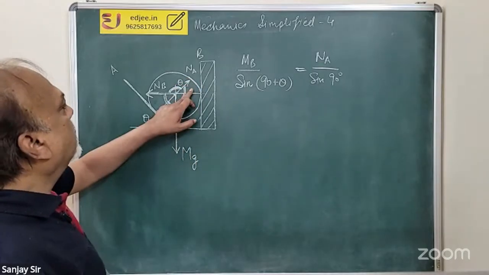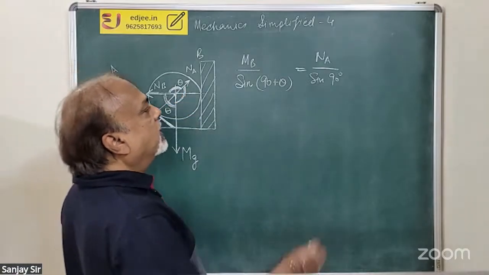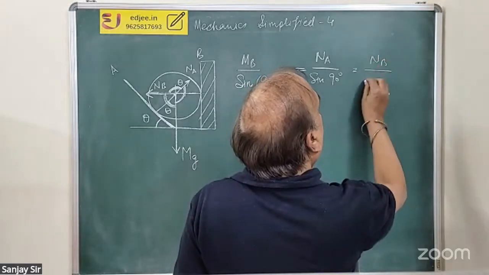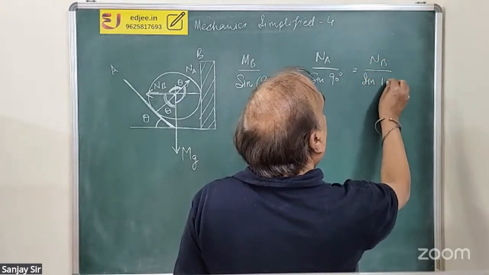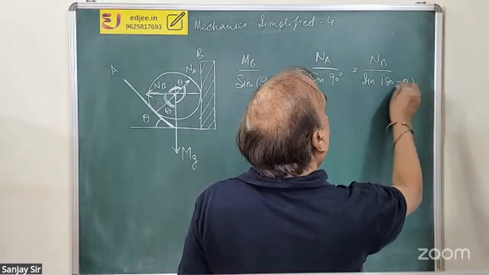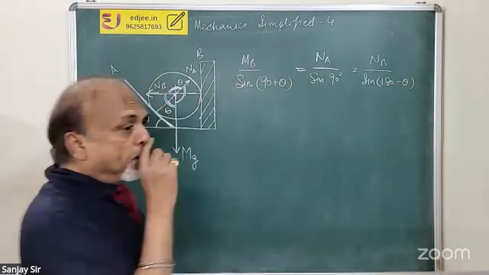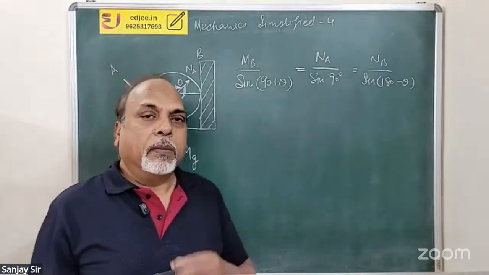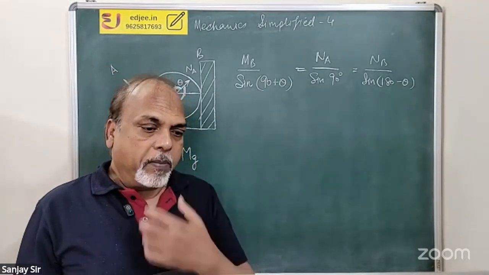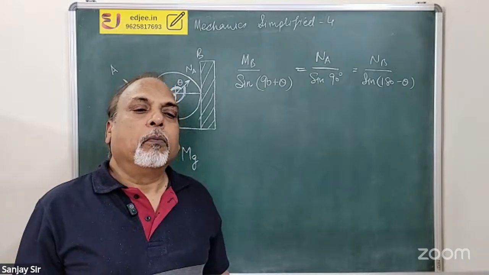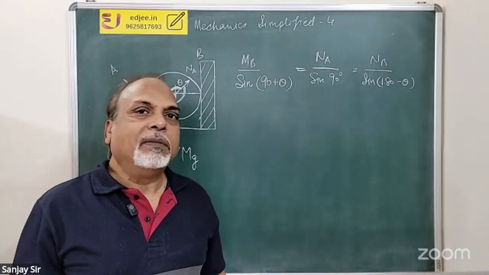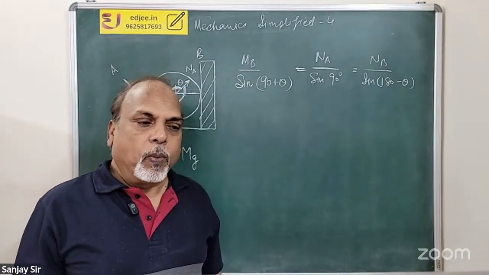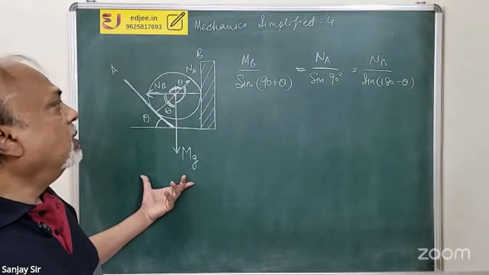What is this? This angle is basically sine 180 minus theta. Correct? Very simple.